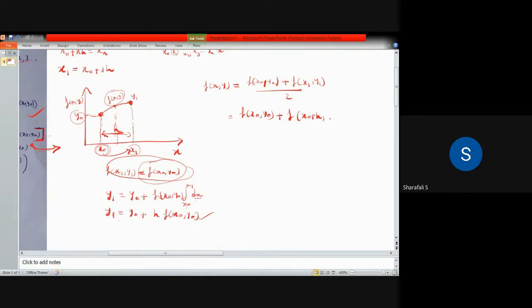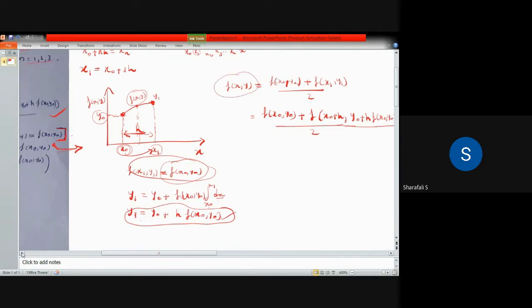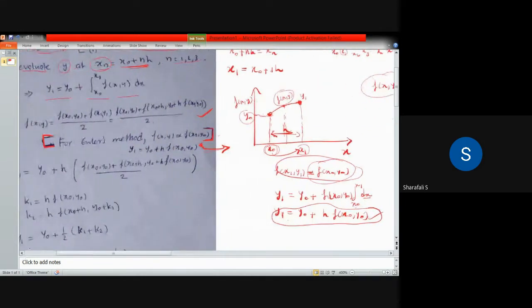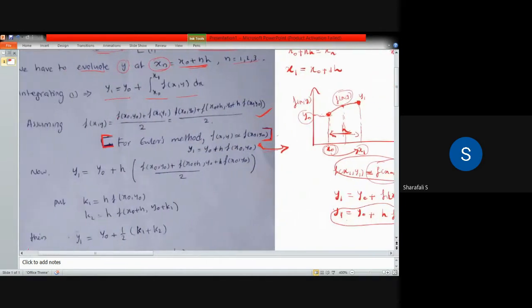Then y1 we don't know, so we will take the y1 assumption from Euler's method, so that we get y1 as y0 plus h into f of x0 comma y0. We take this as y1 and divide by 2, taking the average. That will give you this f of x comma y. That is the assumption we have to make in the case of the Runge-Kutta method.